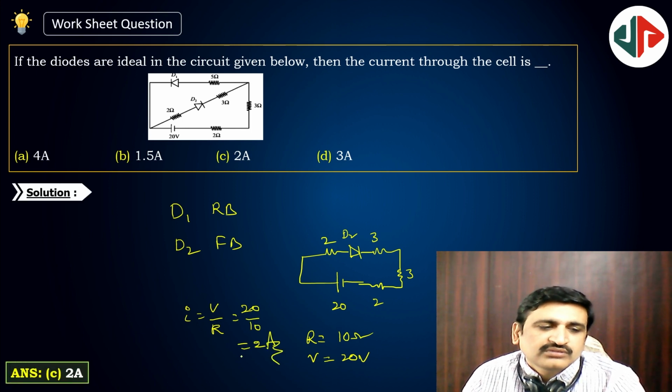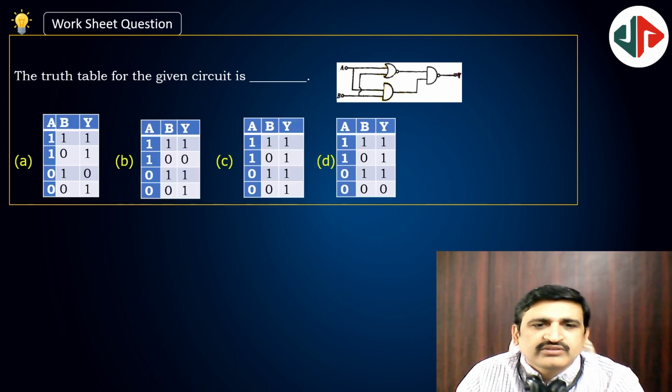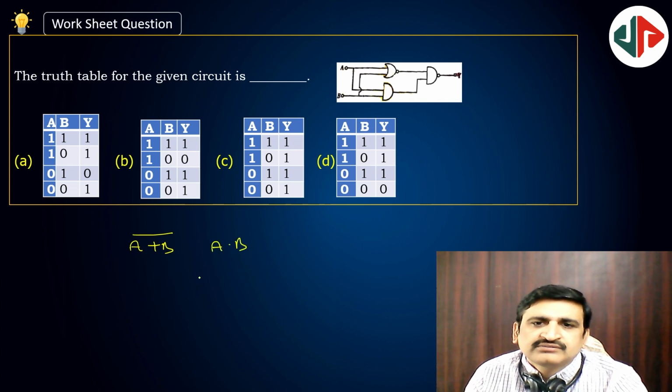Next, the truth table for the circuit given below. A plus B bar and A dot B, these two are NANDed.